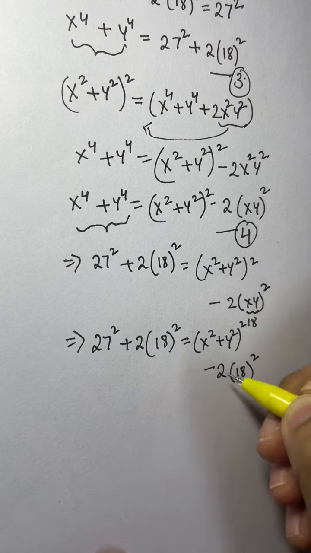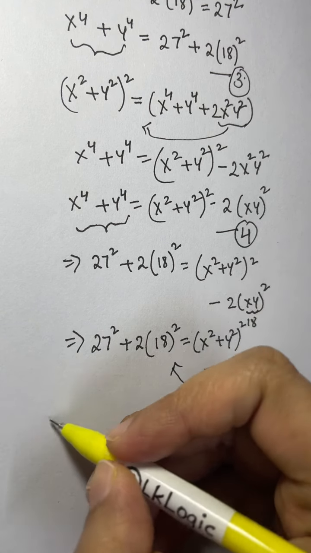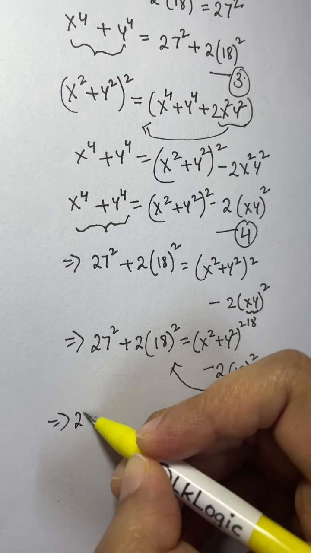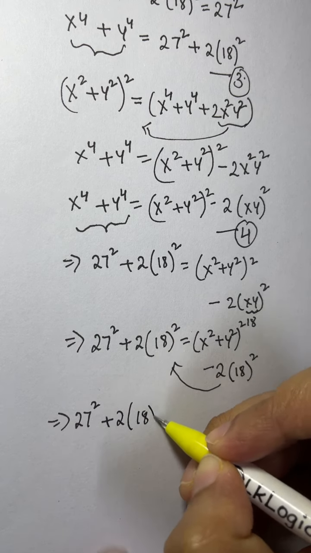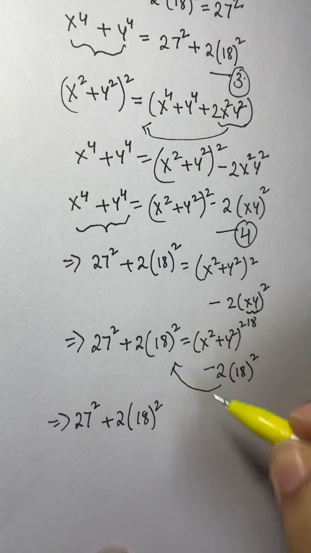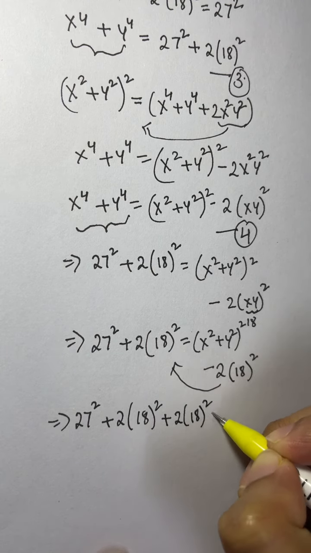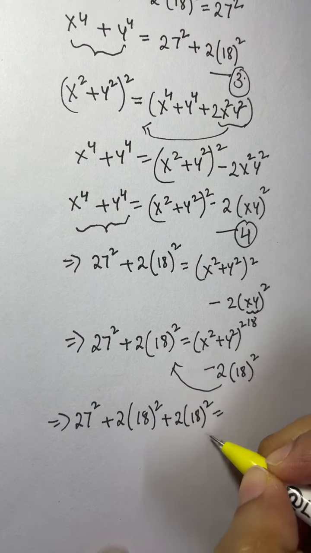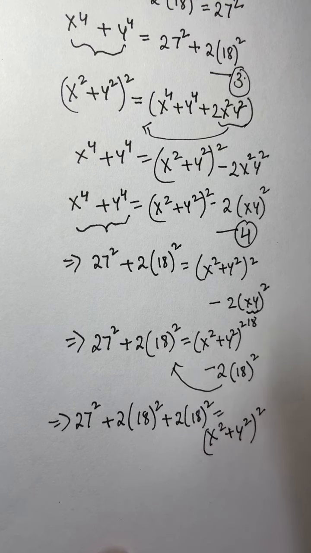Done. Now just send it to the other side. So I get 27 squared plus 2 times 18 squared, and sending it to the other side, I get plus 2 times 18 squared is equal to what? X squared plus y squared the whole squared.